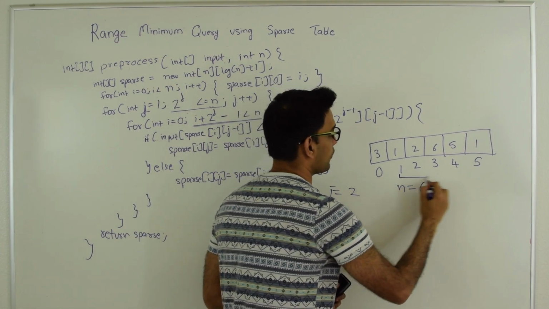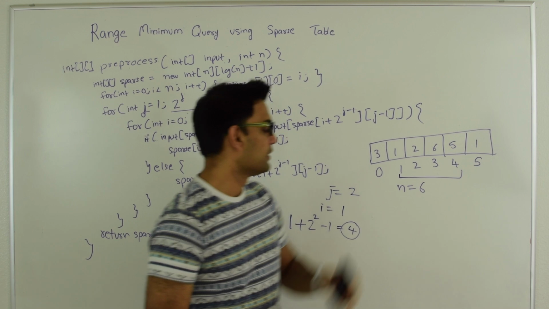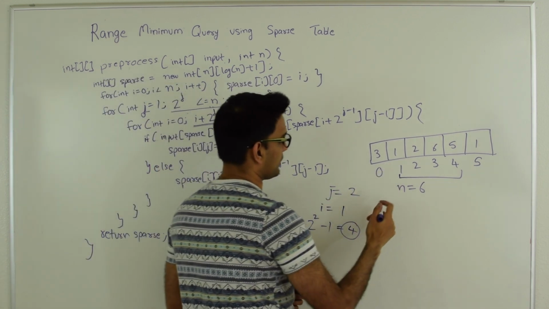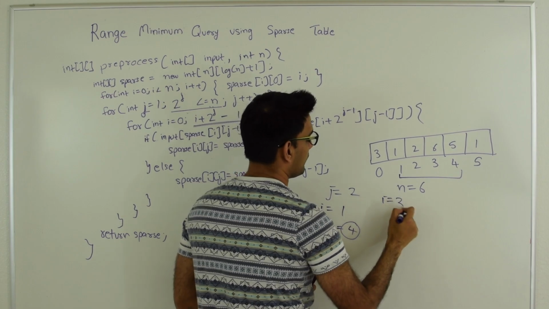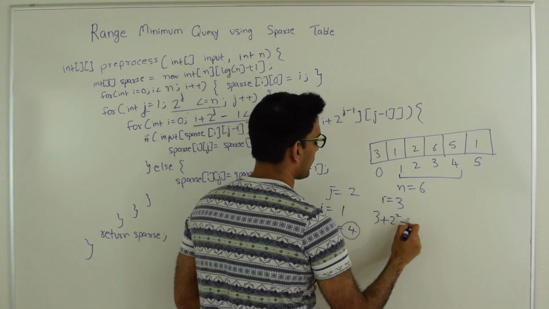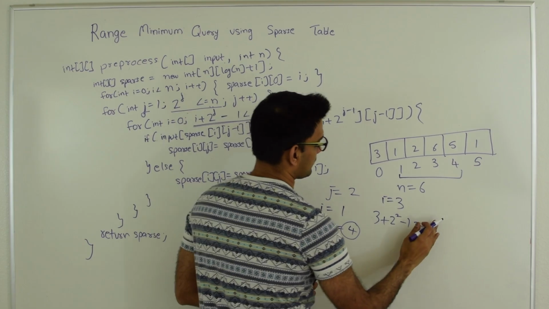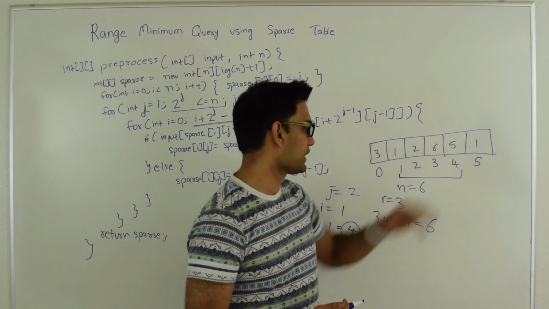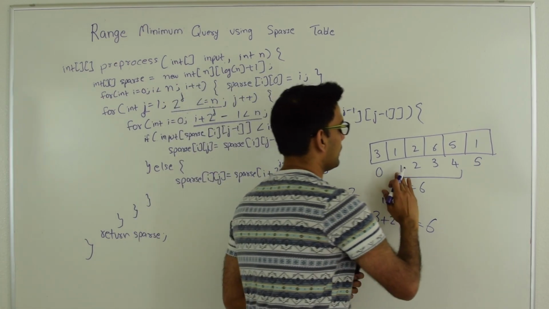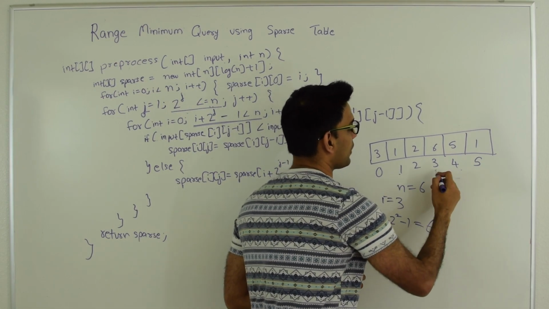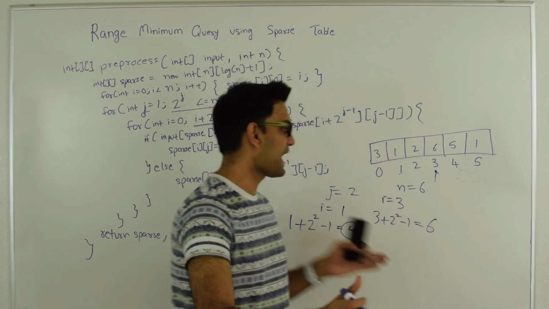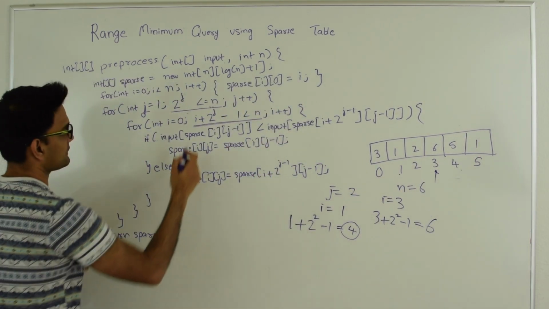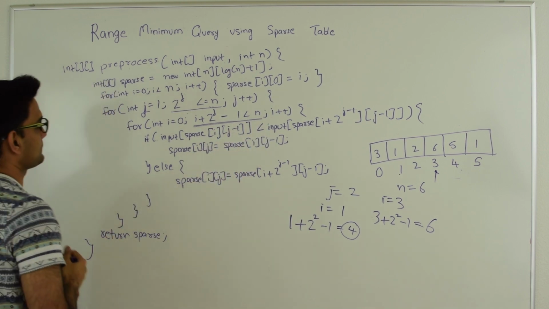So what this means is we are looking for the minimum starting from 1 for the next 4 elements. But if the value of i was 3, then 3 plus 2 raised to 2 minus 1 is 6, and 6 is not less than 6, so we should not be executing that for loop, because after 3 we don't have 4 elements left. So we cannot execute the for loop. So this is that condition.